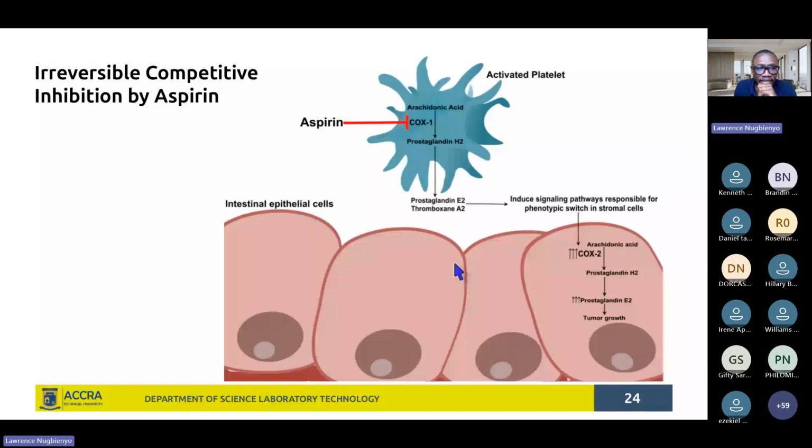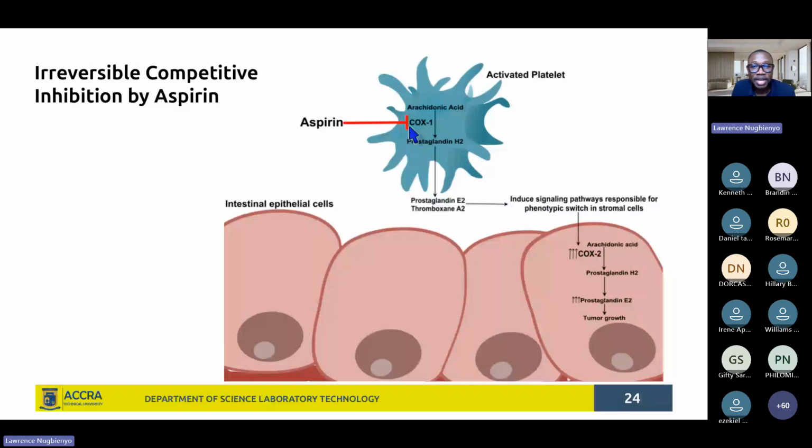Then we can take, say, aspirin. Aspirin is also another pain reliever, and you see it's also inhibiting a cyclooxygenase. Same reaction, arachidonic acid getting converted into prostaglandin, and you have aspirin inhibiting that.